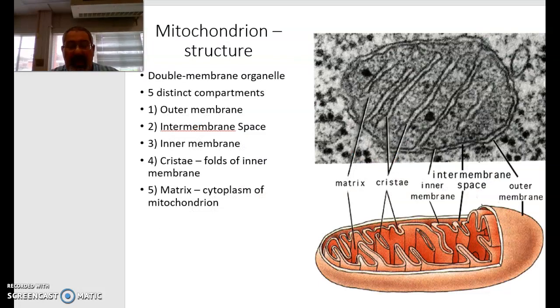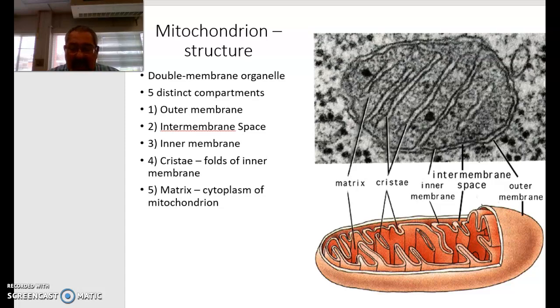When we talk of the production of ATP, we have to mention the organelle called the mitochondrion. It is a double-membraned organelle. It's found in eukaryotic cells. It has several distinct compartments. If we go from out to in, the first compartment we would encounter would be the outer membrane.